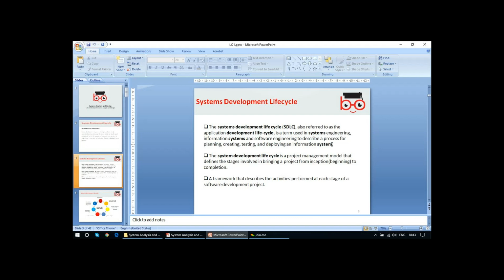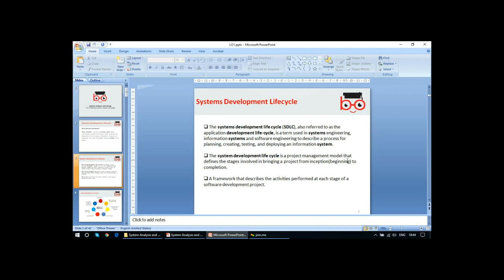When it says any software or any system, any technical thing, it comes through the process of when you plan first, then you create, you test it, deploy it. That's the system development life cycle.